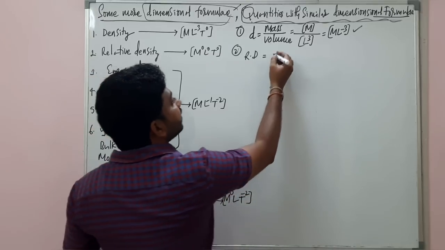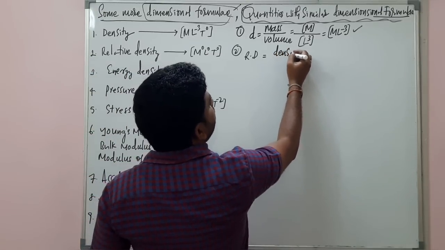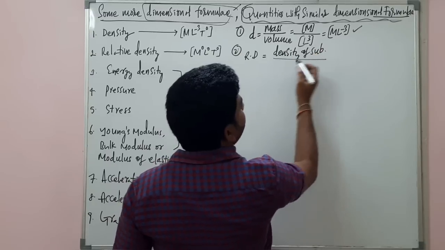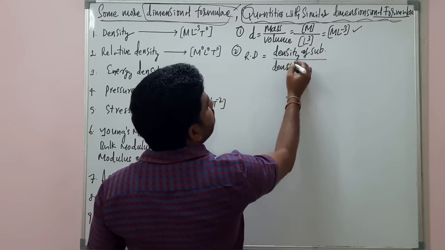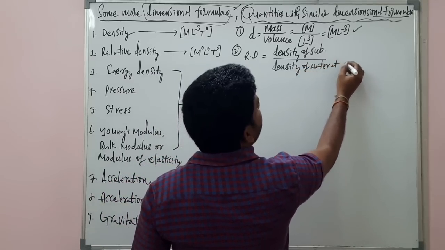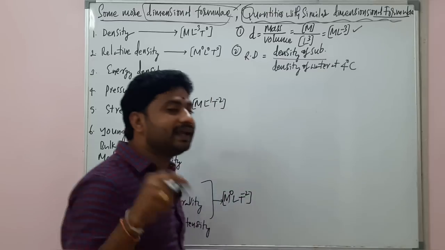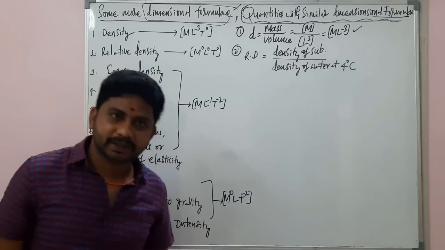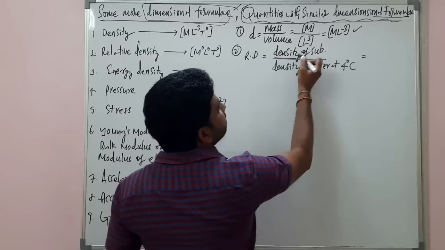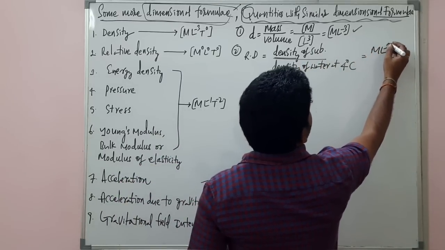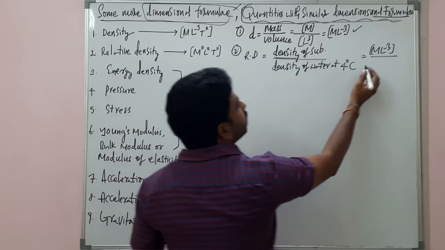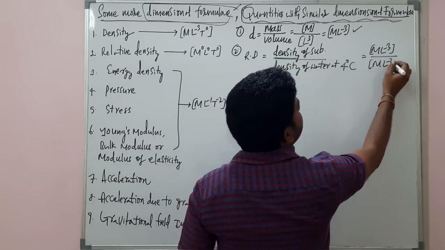So the relative density is equal to the density of the substance divided by the density of water at 4 degrees Celsius. Why only at 4 degrees Celsius? That's another topic. The density of the substance has dimensional formula ML^-3, divided by the density of water, dimensional formula ML^-3.